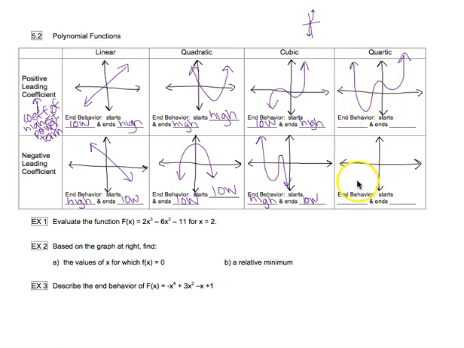If I had a negative leading coefficient, then I'd have two hills and one valley. Here, for end behavior, with a positive leading coefficient both ends go up, so it starts high and ends high. With a negative leading coefficient, it starts low, ends low.